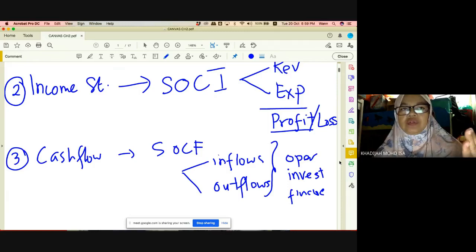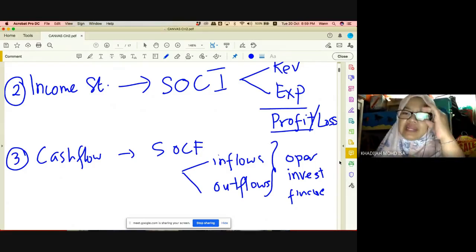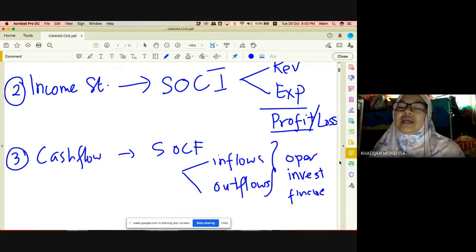For example, cash outflow is how much you pay to purchase an asset, and inflow is maybe when you dispose of an asset and see how much you get from it. Financing is more on how much investors put money into the company. For example, if you take up a long-term loan, it could be under financing.